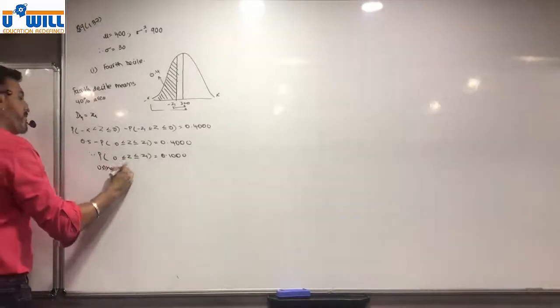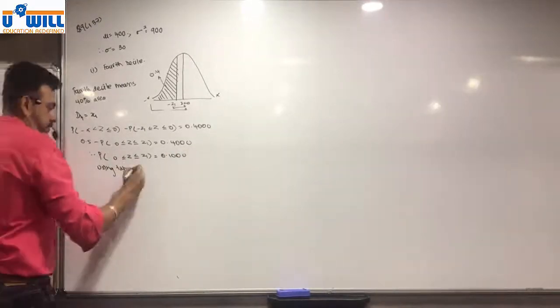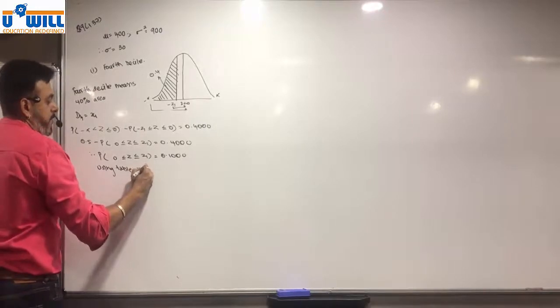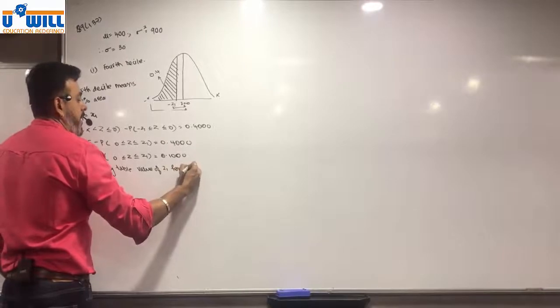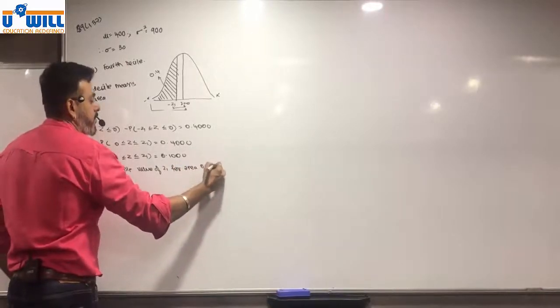Using the table, we look for the value of Z1 for area 0.1000.